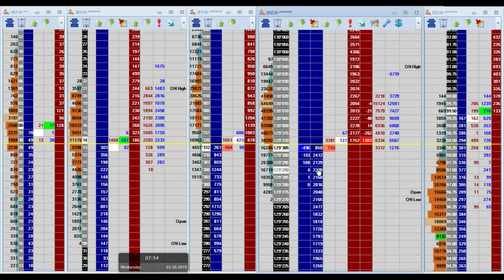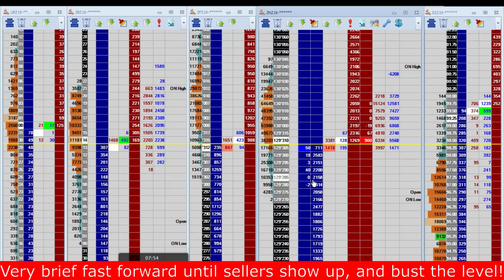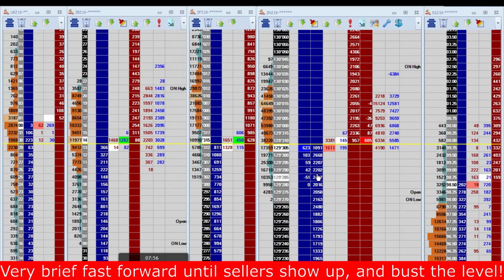Ultra bond's still above the yellow line. 30 years right at the yellow line. Just took it off or went back bid very quickly. Just waiting for buyers to show their hand if they're going to show up.